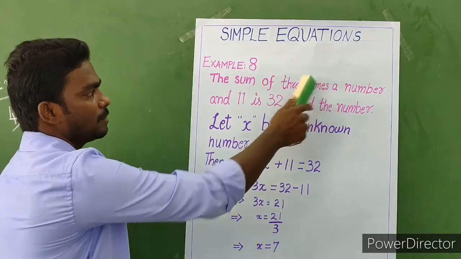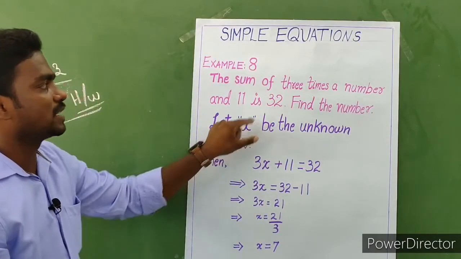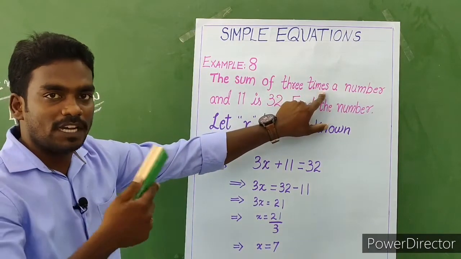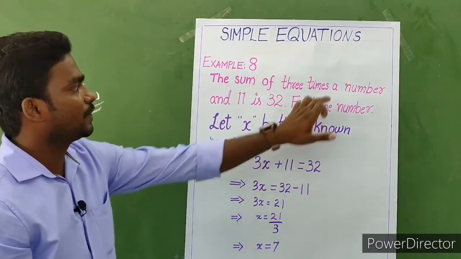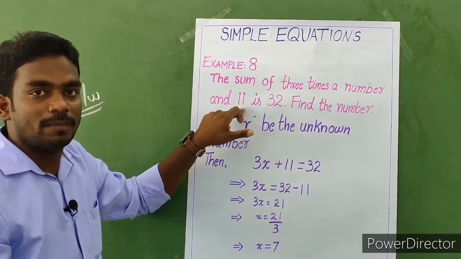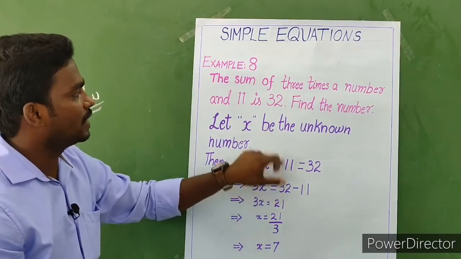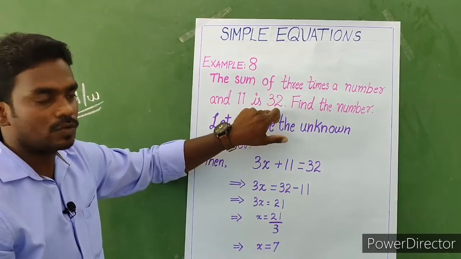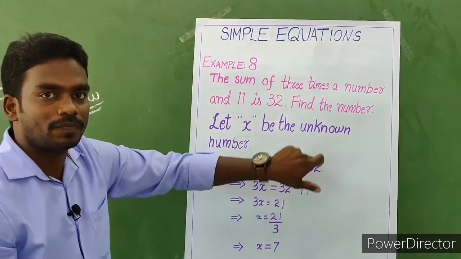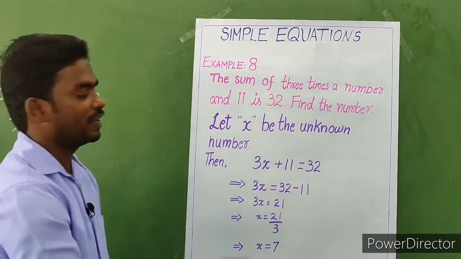So 3 times a number means 3 into x, so 3x. Sum of 3 times a number and 11, and 11 means we add 11 to it. 3x plus 11 is what? 32. So 3x plus 11 is equal to 32 is the equation.